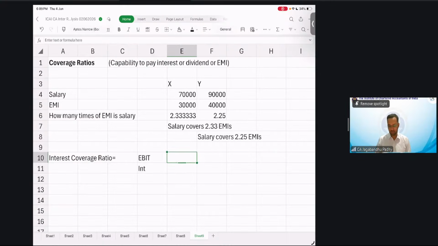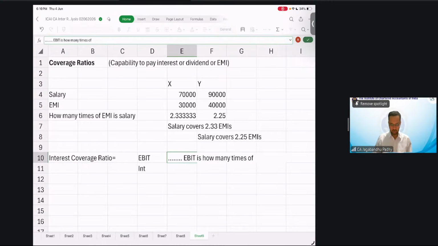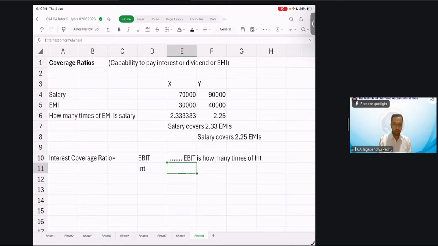So this is going to simply tell us EBIT is how many times of interest. That's what the interest coverage ratio is.